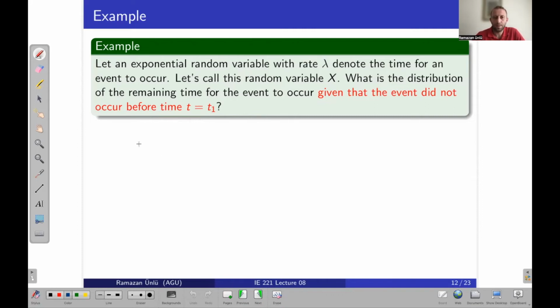So let's say we have an interval that is T1, this part. We know that the event didn't occur at this time, okay? And somewhere here, this event will occur, right? And I'm asked about this region, the distribution of this region. This is actually what this question tells us.